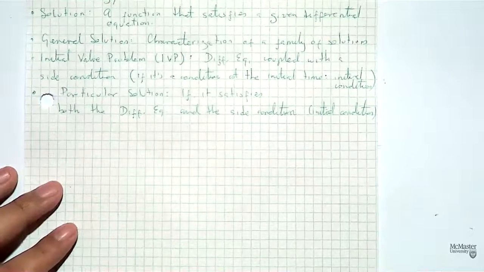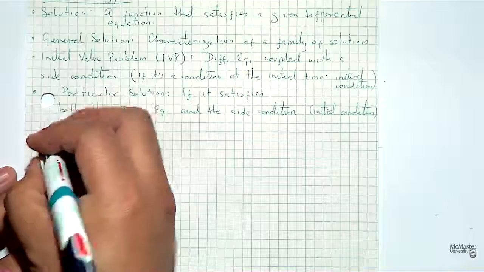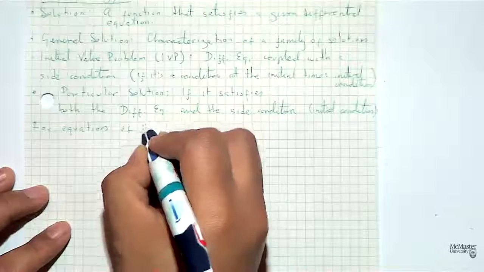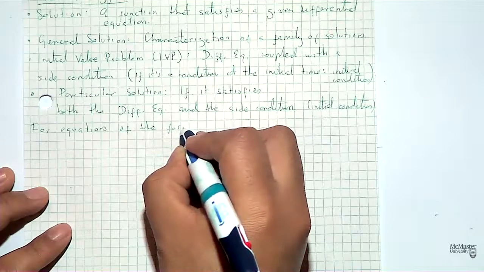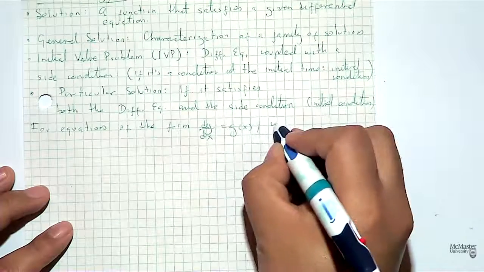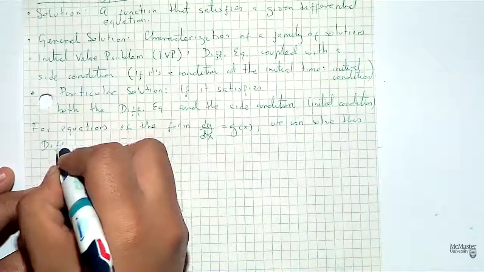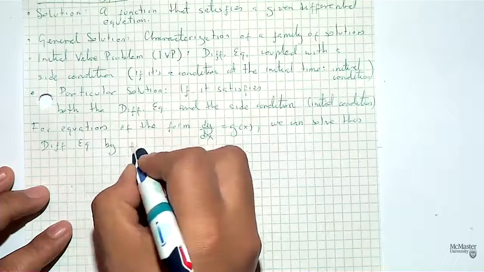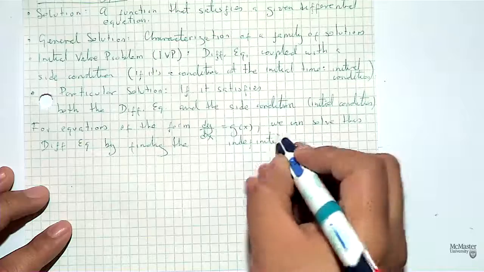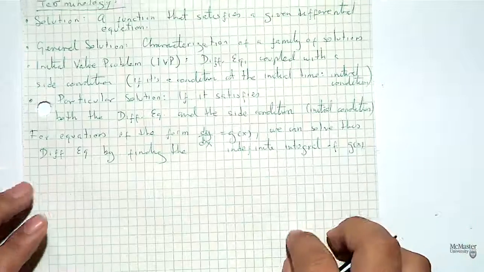So the next point after these definitions is that for equations of the form dy over dx equal to g of x, we can solve this DFQ by finding the indefinite integral of g, which is what we have done before, right?